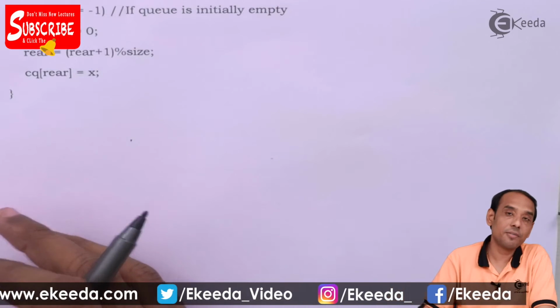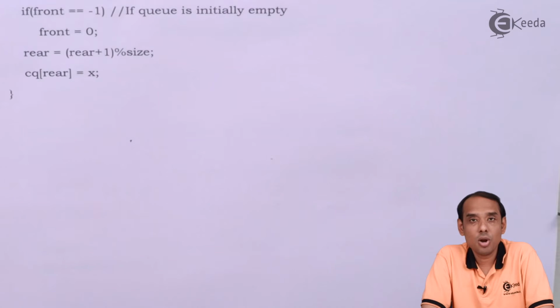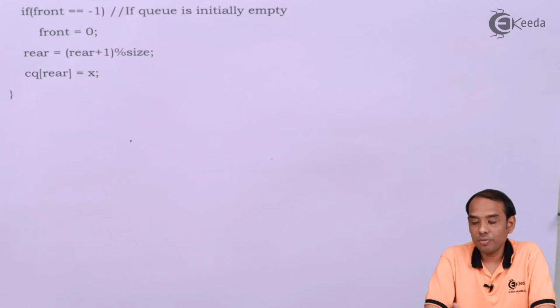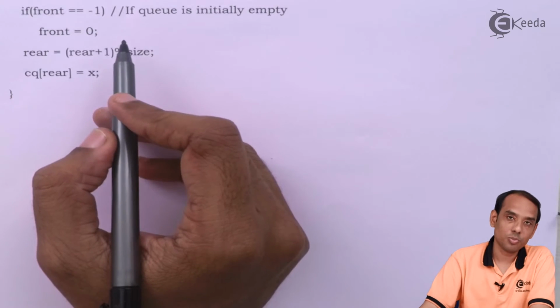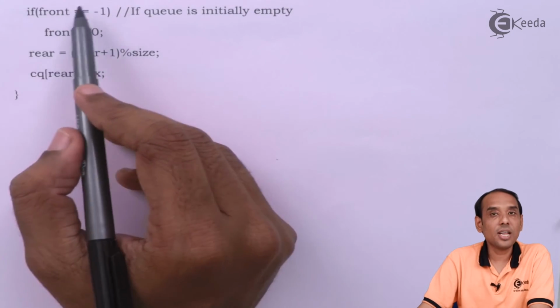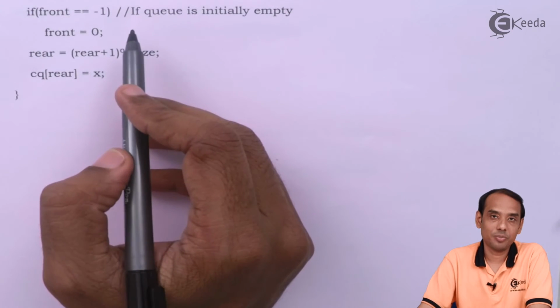We have already defined the condition where we check whether the queue is full or not. Once the circular queue is full, we cannot push any more elements into it. If not, we are going to check the front value. If front equal to minus 1, it implies that the queue is empty.